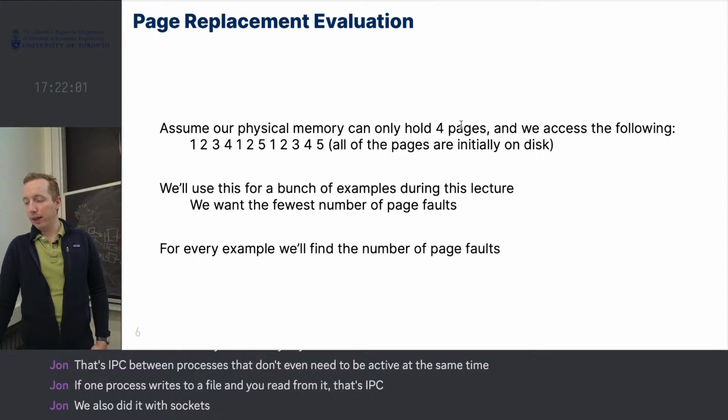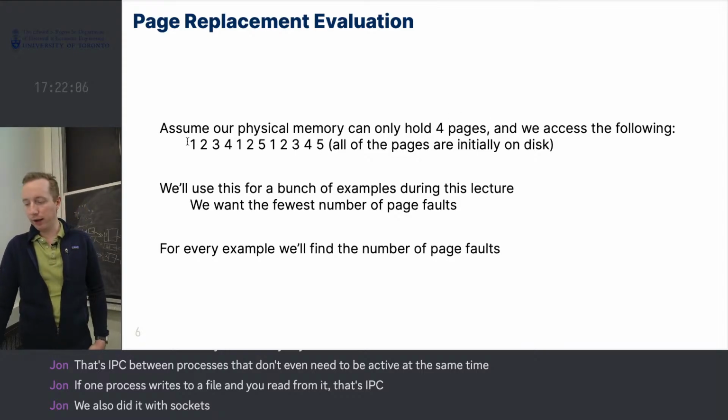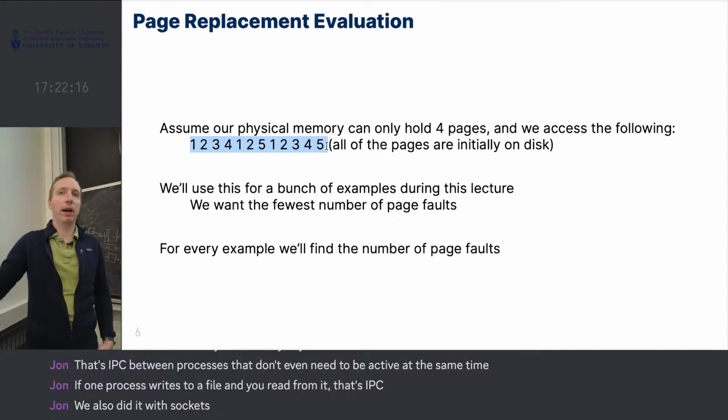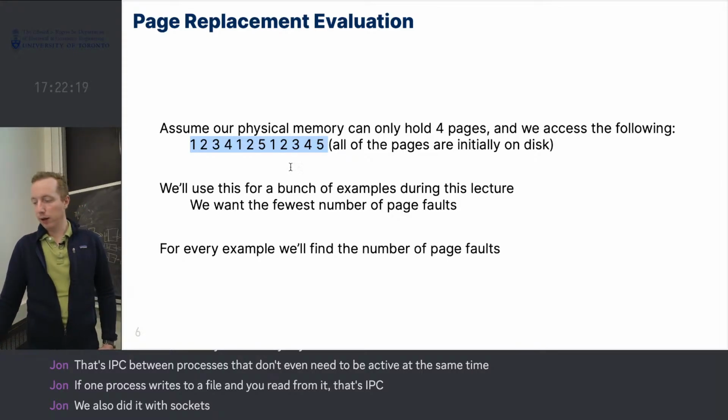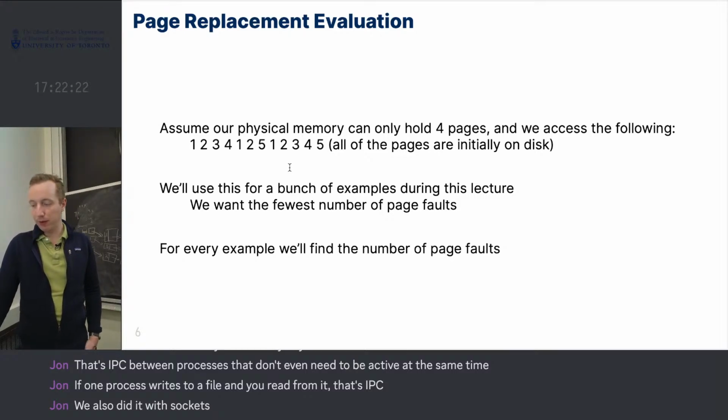And in this example, we'll just assume a single process, nothing insane, and we're going to assume that it accesses just these page numbers. And we'll also assume that initially, all the pages are on disk, so I have to read them into memory. So we'll use this exact sequence for a bunch of the examples during this lecture.